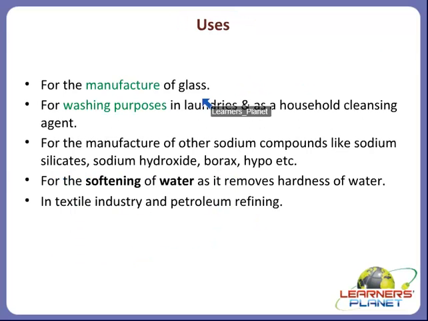Okay? Now let's take up its uses. It is used for the manufacture of glass. It is used for washing purposes in laundries and as a household cleansing agent. It is used for the manufacture of other sodium compounds like sodium silicates, sodium hydroxide, borax and hypo. You know the formula of sodium silicate?